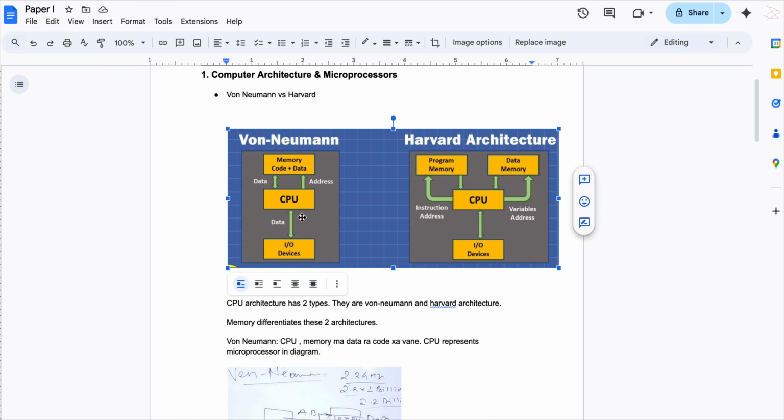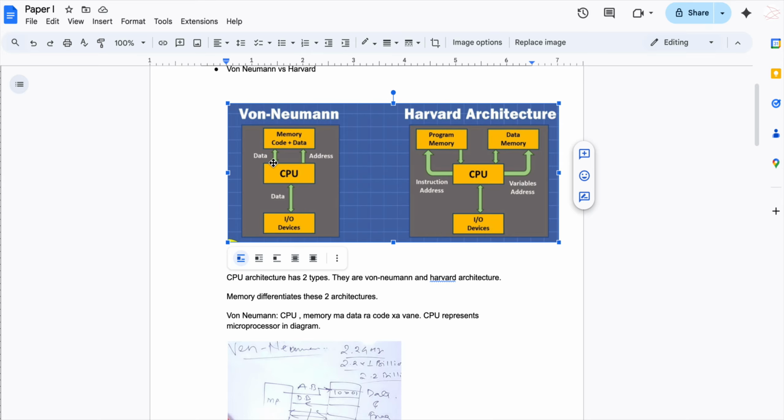In von Neumann, the memory is where our data and instructions are placed in one place, whereas in Harvard architecture the memory for data is separate, and the memory for storing the program or instructions is a separate component.